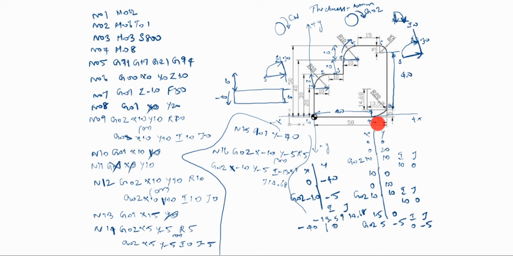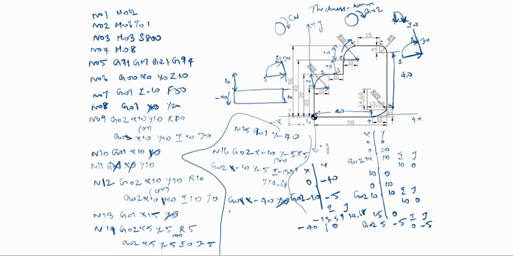Up to here we finished. So this one, X is minus 40, Y is 0. This is linear, so G01, X minus 40, Y0. So no need to write this.